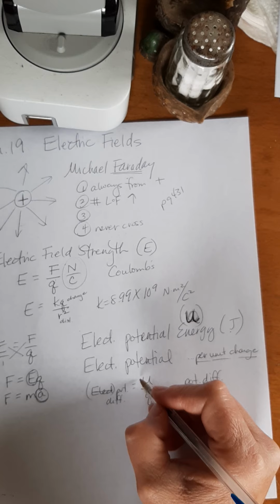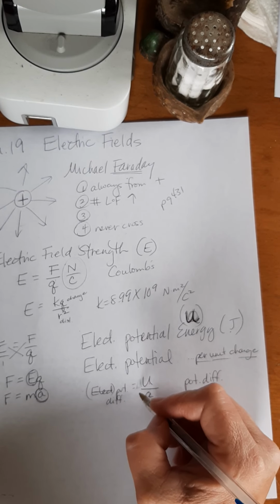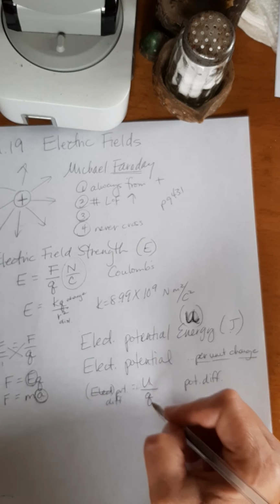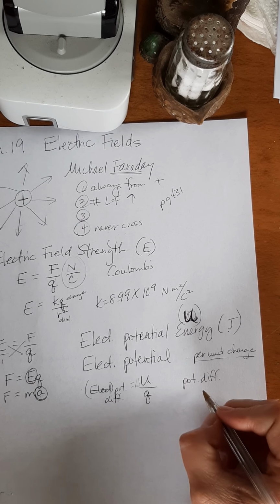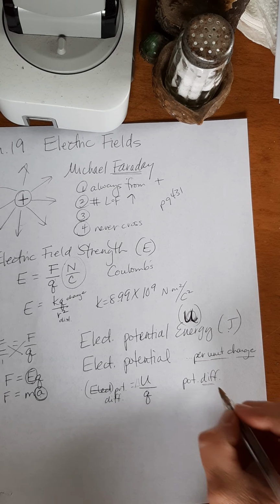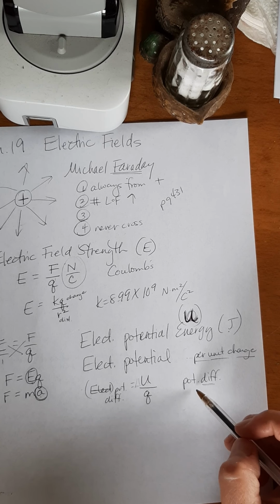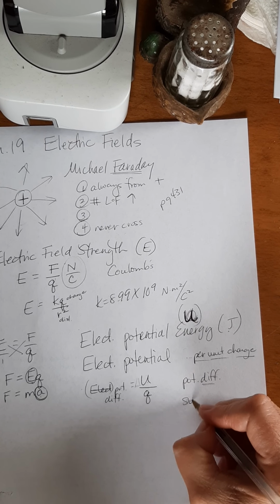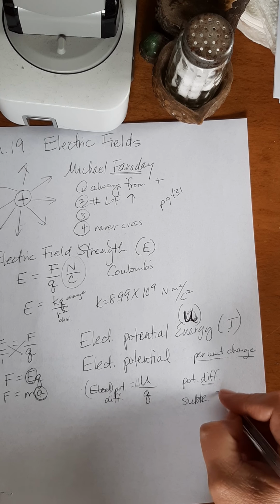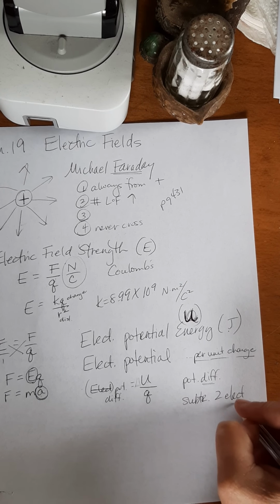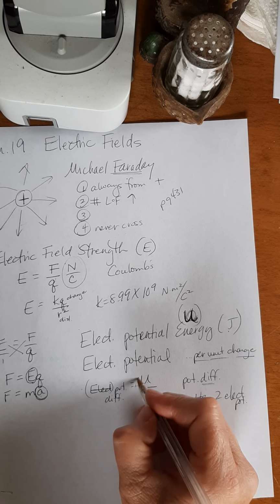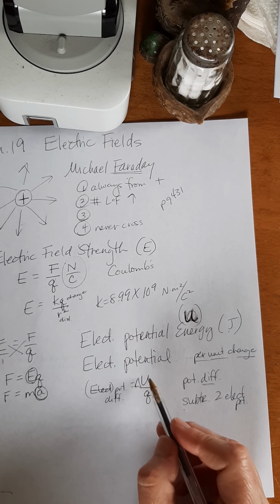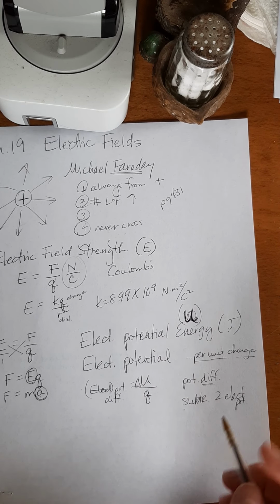Potential difference is the change in work. Electric potential is just U over Q. And you might be like, well, what are you talking about? Well, potential difference, guess what you have to do to the two electric potentials? You can either subtract the two electric potentials, or you can do change in energy over Q.